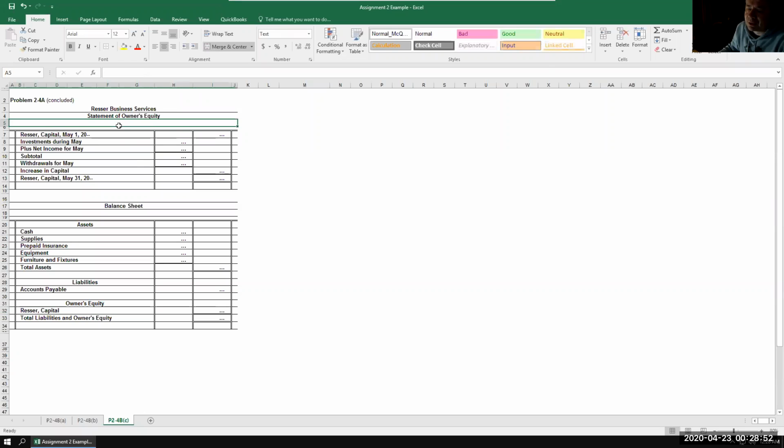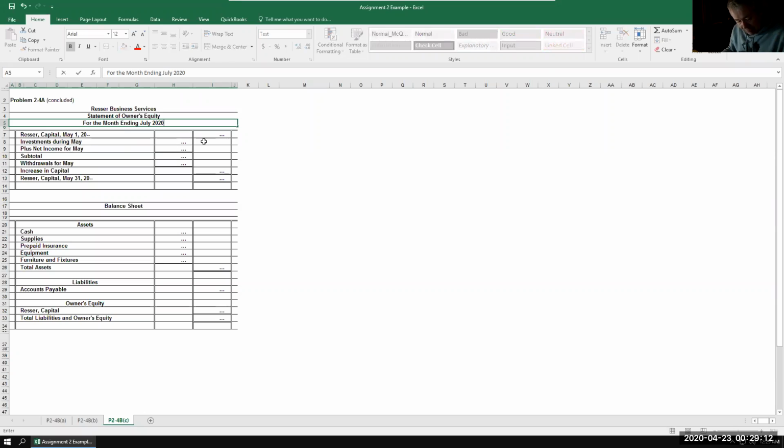The statement of owner's equity, like the income statement, is a reflection of what's happened this month. So this is going to be for the month ending July 2020. This is the first month of that business.